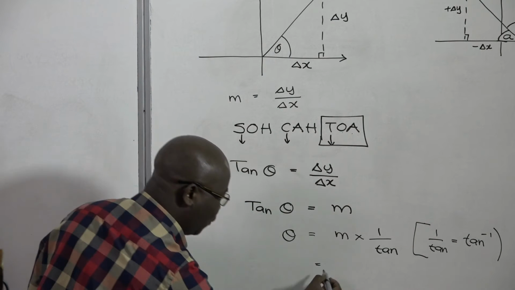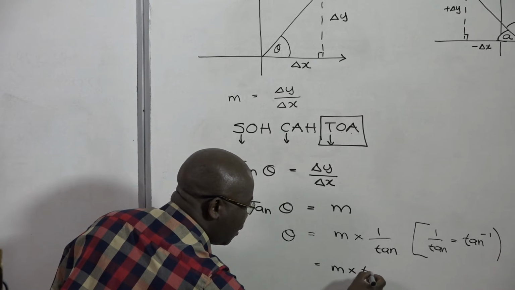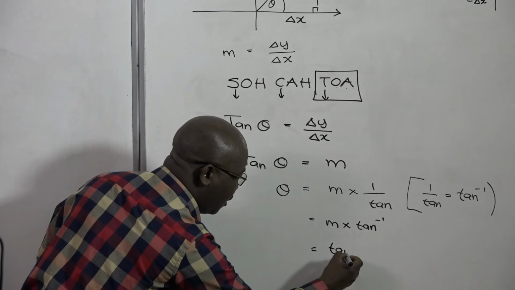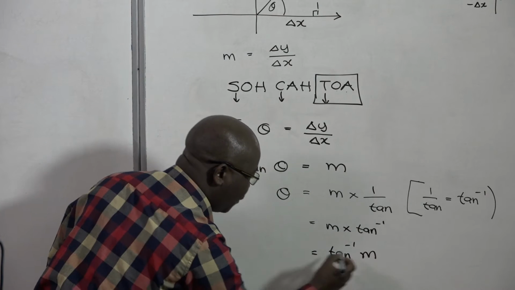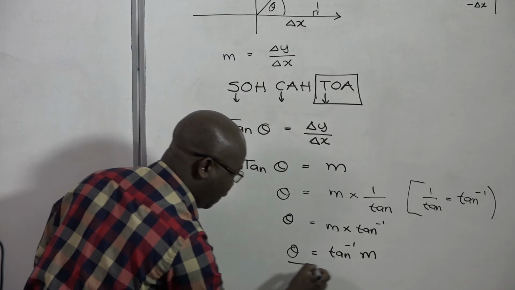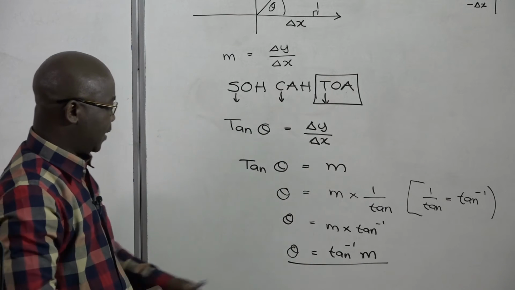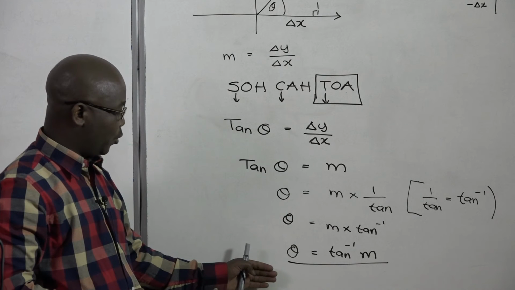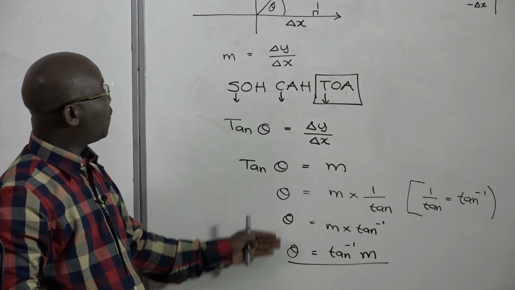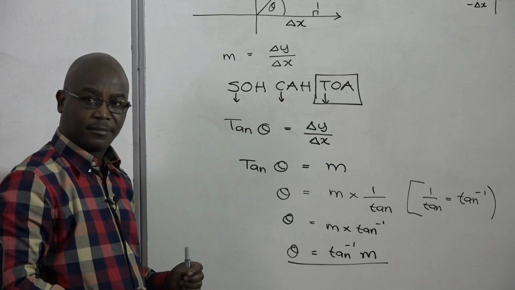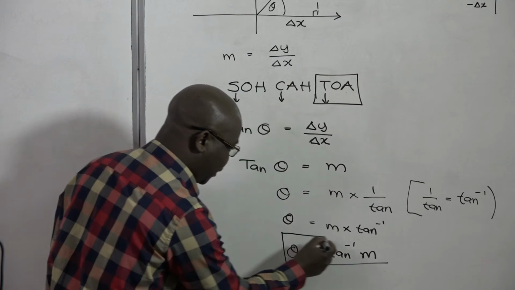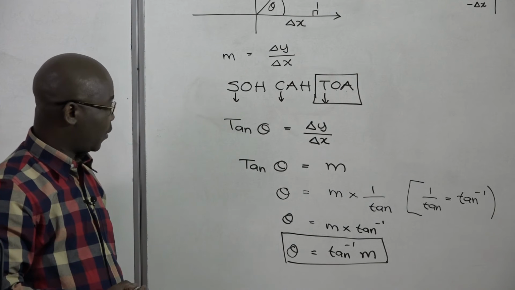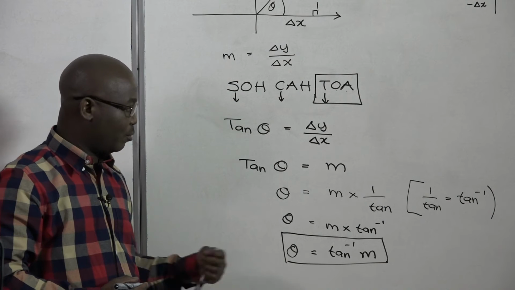Therefore, theta can come out from the inverse tangent of the gradient: theta equals tan inverse of m. So this is the equation that we can use to determine theta if theta is an acute angle. This is a very important equation that we will be using throughout this part of coordinate geometry.